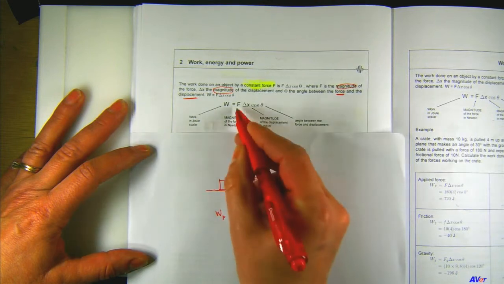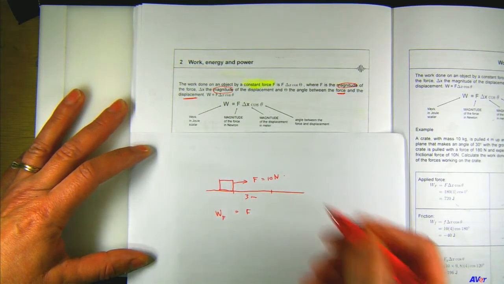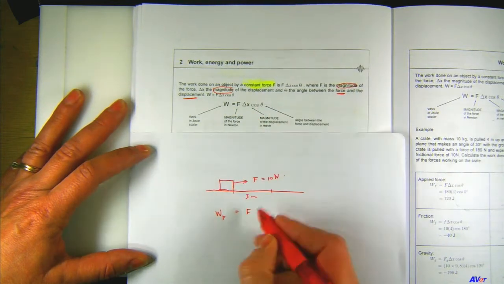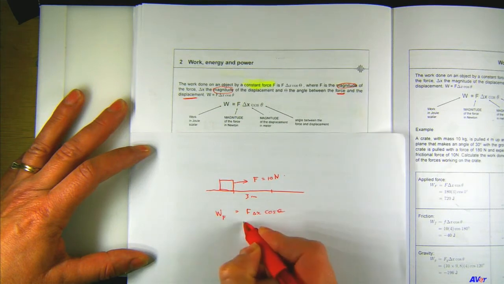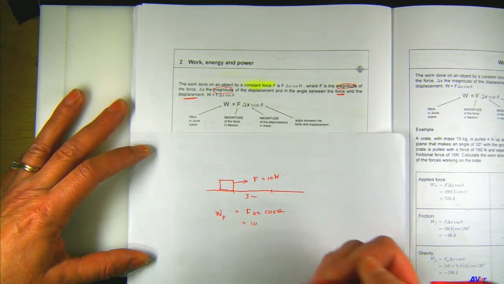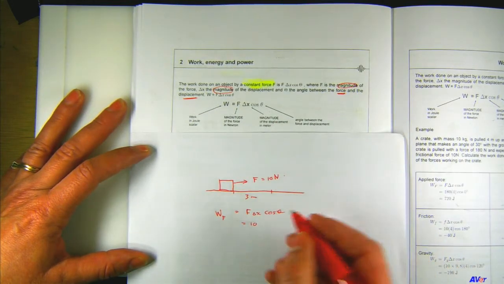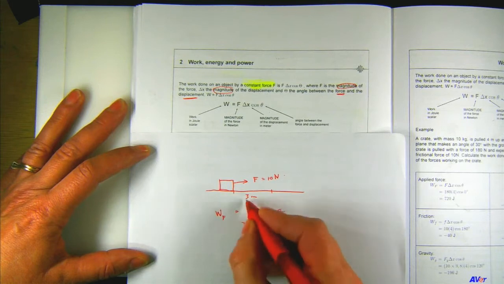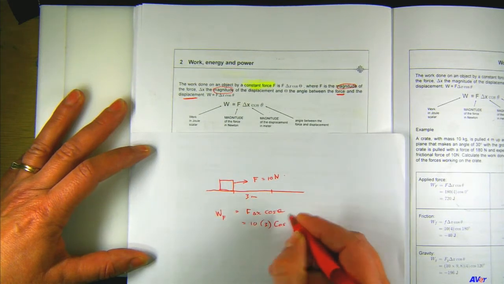Then we're going to say, the F now is that applied force we are working with. Delta x is the displacement, and then you have cos theta. So the force that is applied is 10. No components, nothing. We're using the magnitude, and the magnitude is 10. Fine. Delta x, how far is the displacement? 3 meters. And then you get to cos, and then we get to the angle.